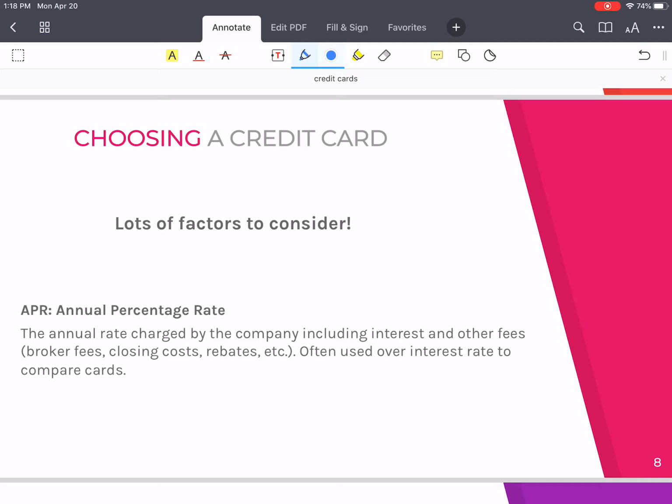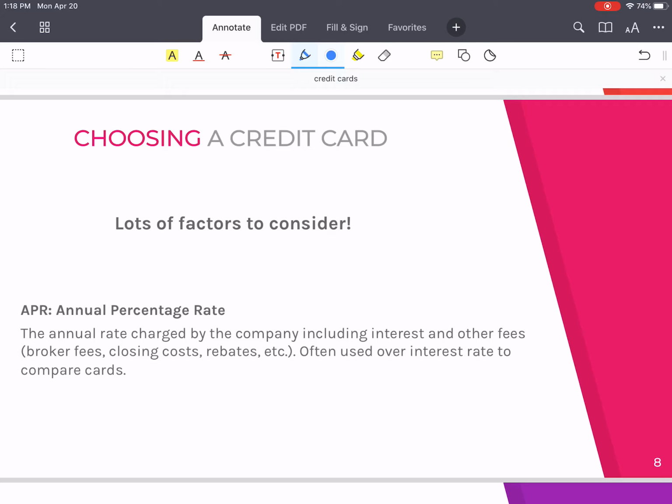Okay, so I took this list of factors from the handout so that you'll be able to refer back to this presentation when you're trying to look for this information on the website that I've given you. So the first thing that you need to look at is your annual percentage rate.